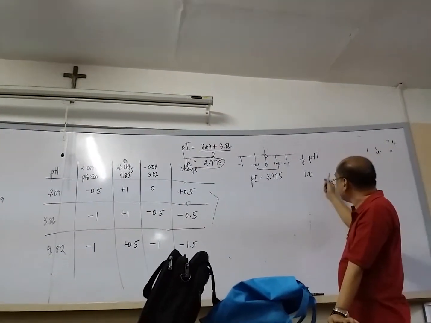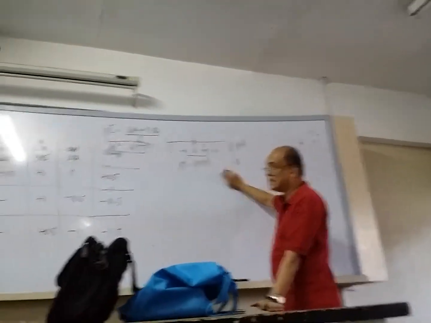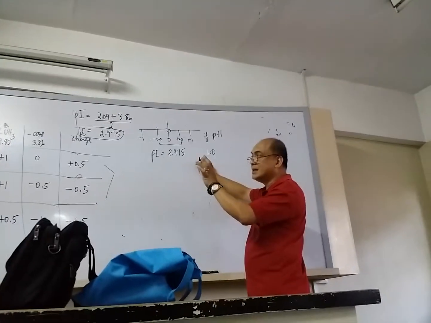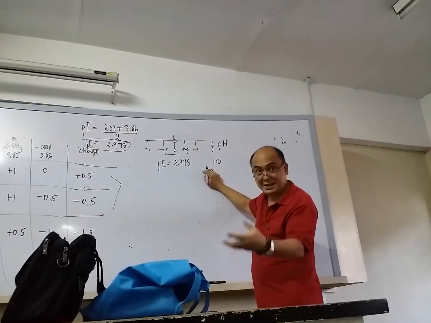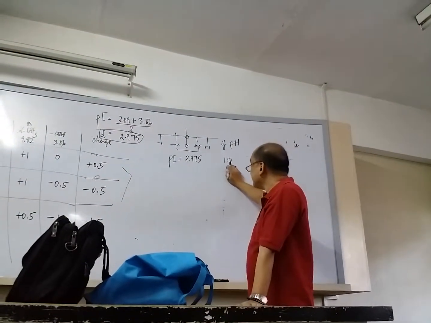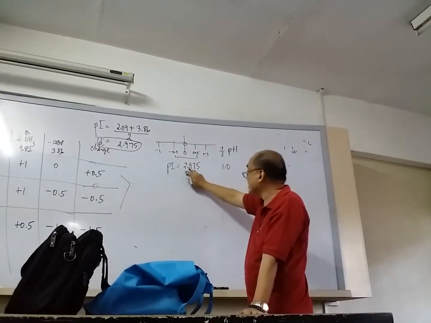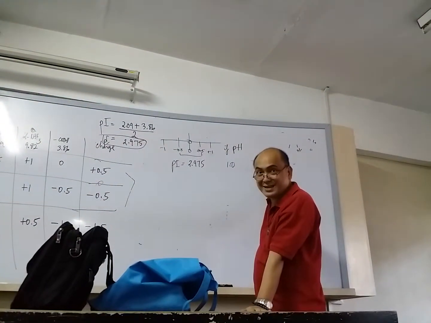And titignan naman natin, we're not looking at the ionizable group, but we're looking at the amino acid. If the pH is 1 and the PI of the amino acid is 2.975, what is the charge of the amino acid?